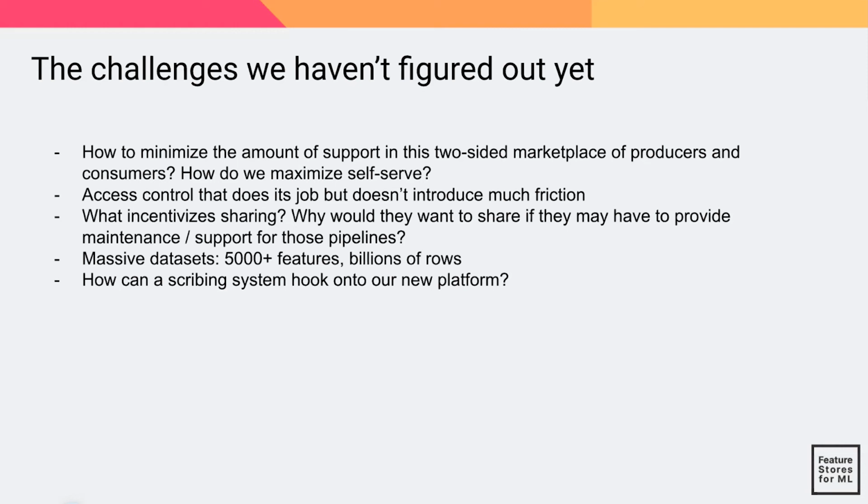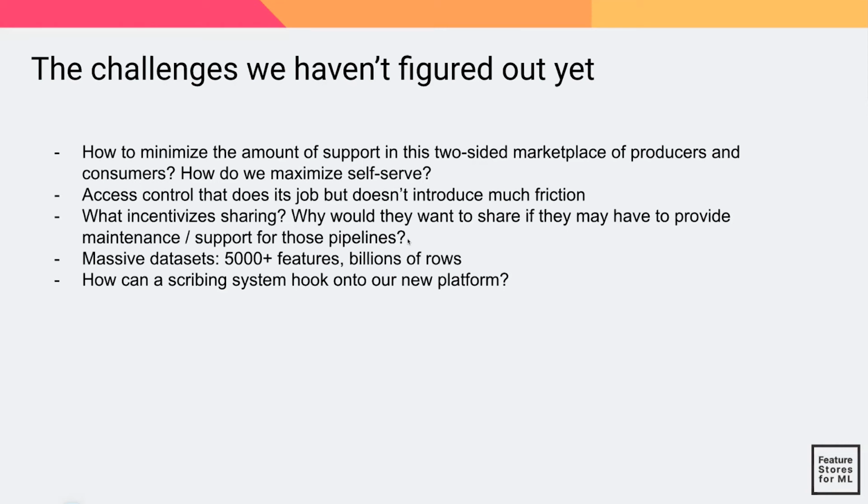Big one, number 1, is how to minimize the amount of support in this two-sided marketplace of producers and consumers. We want to maximize self-serve, but we have a lot of customers, and the amount of support debt keeps accumulating and accumulating. And the more pipelines we have, the more features we have, the more we have to devote to support. And this ties with the 3rd bullet point, which is what incentivizes sharing.